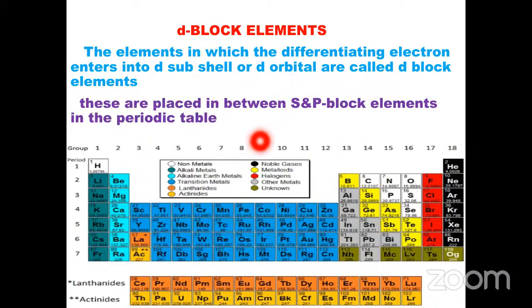These are placed in between the S and P block elements. These are S block elements and these are P block elements. These D block elements occupy more space in our periodic table.